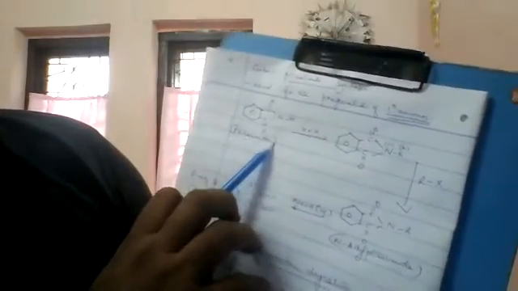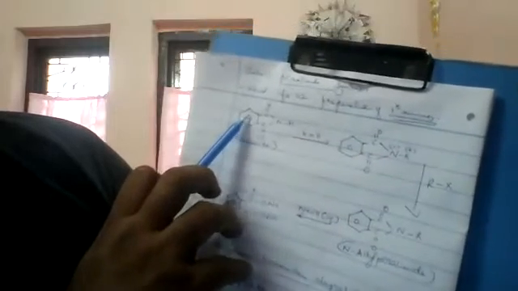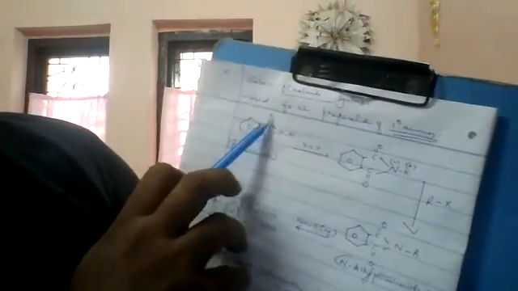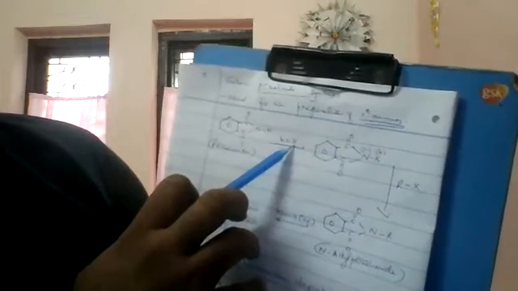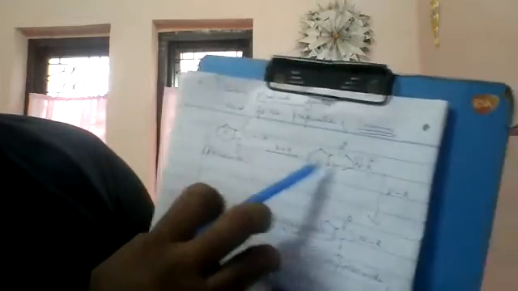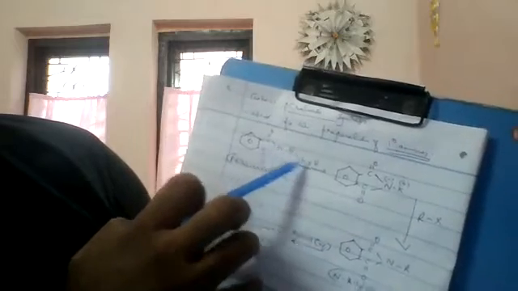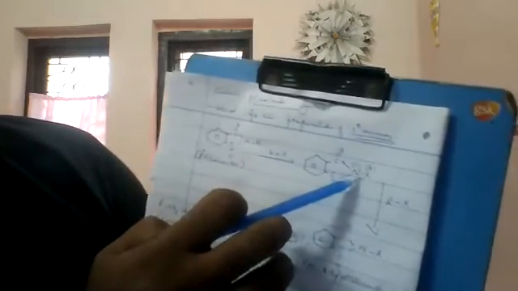Gabriel's phthalimide synthesis. So actually this method is used for the preparation of primary amines only. So phthalimide, say the formula, the benzene ring, then CONH, treatment with KOH, a strong base like potassium hydroxide. So what happens here? This H is replaced by K. Then treatment with an alkyl halide.